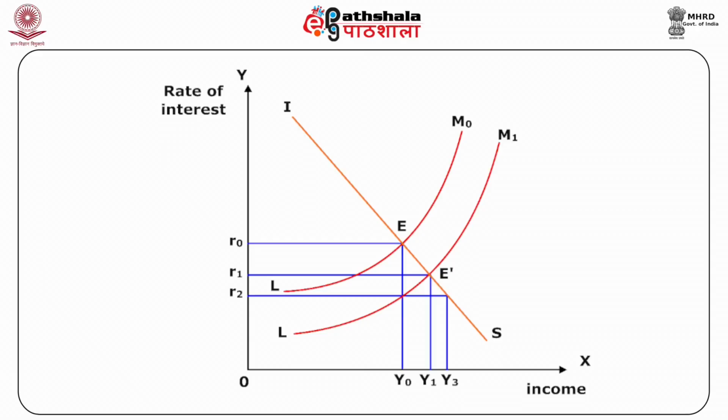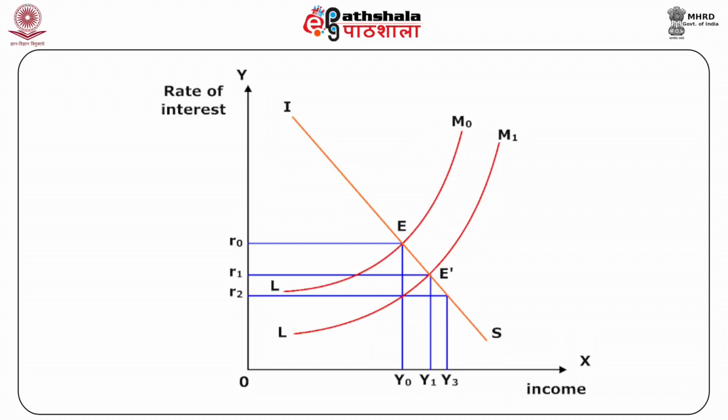Given LM1, IS intersects with LM1 at point E prime. This is the new equilibrium, and at the new equilibrium, the rate of interest is R1 and the equilibrium level of income is Y1. But let us consider what would happen if the rate of interest were to remain at R2.